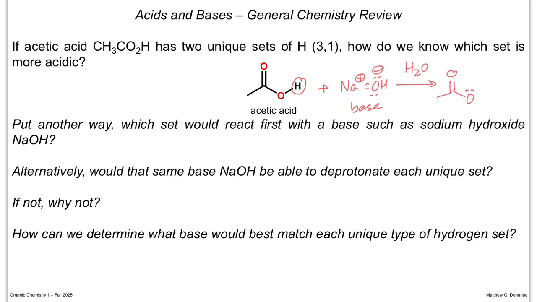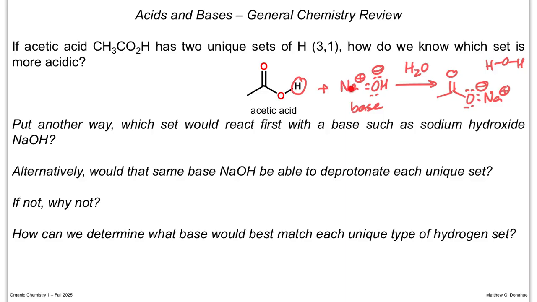And when it does, we end up with that species, and then we balance everything off, we get water. So I want you to pay attention as well. See sodium hydroxide: sodium is a cation, hydroxide is an anion. The sodium is what we say is just a spectator.